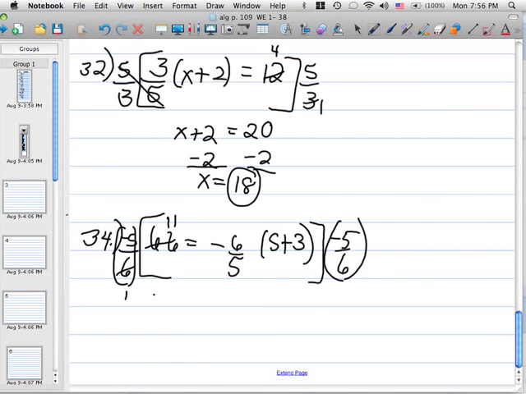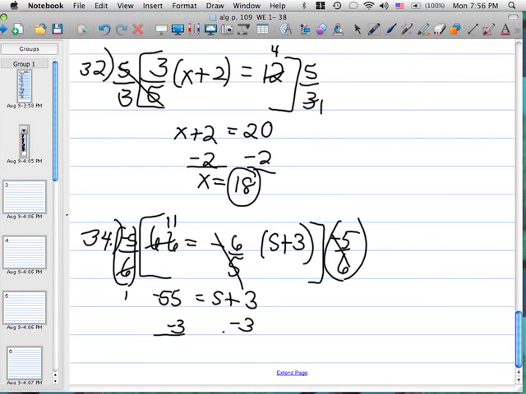Negative 5 times 11 is negative 55. And these two reciprocals cancel, so we have s plus 3. The opposite of adding 3 is subtracting 3. So we find out that s equals negative 58.